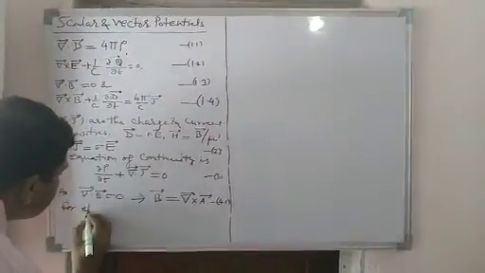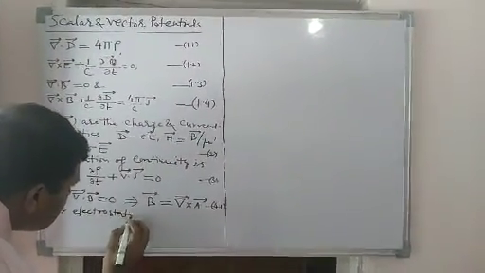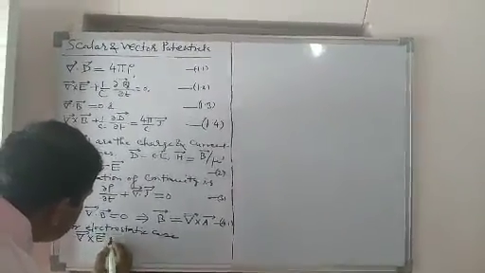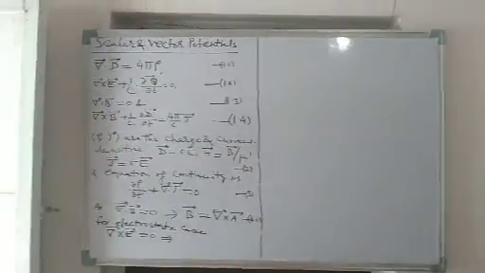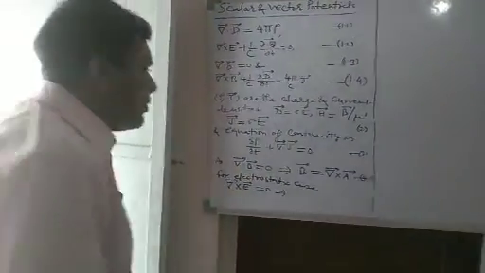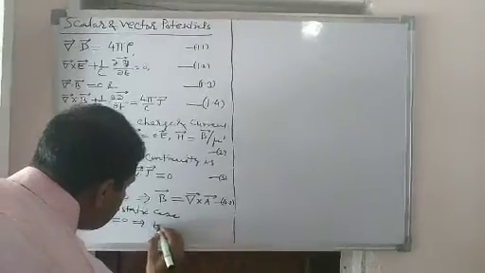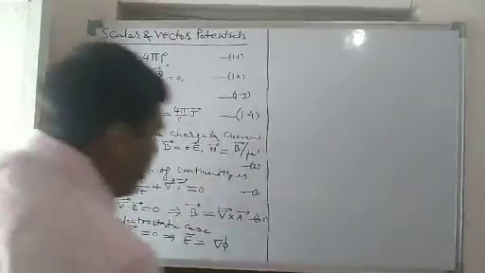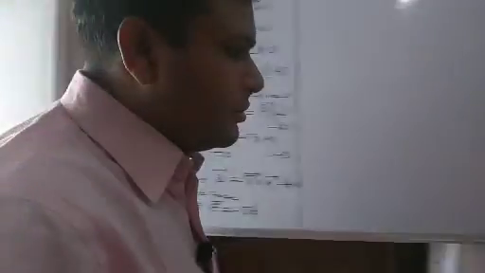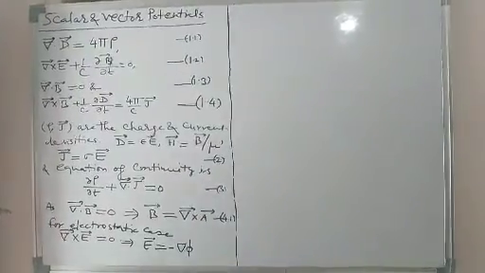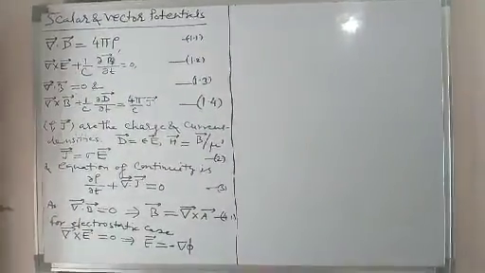So for the electrostatic case, del cross E was 0, and that means E should be expressible in terms of the gradient of some scalar function of space and time. So E would have been the gradient of psi, and for some special reason we essentially put a negative sign in front of this.